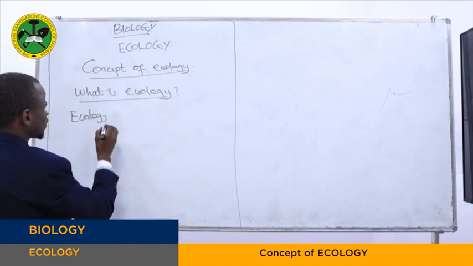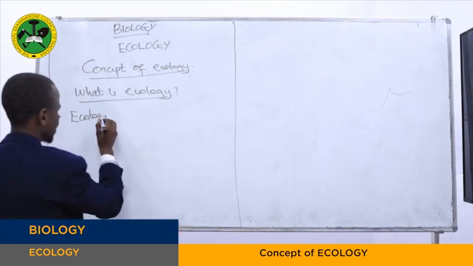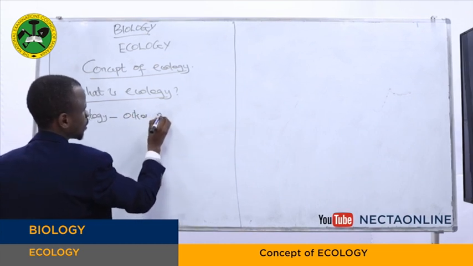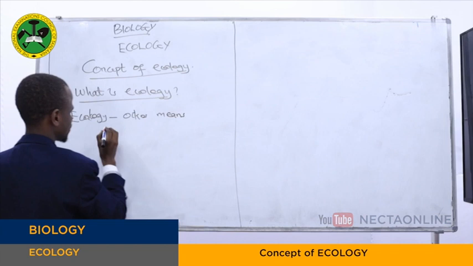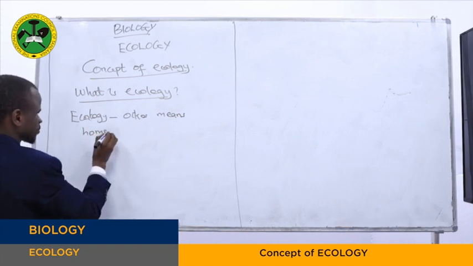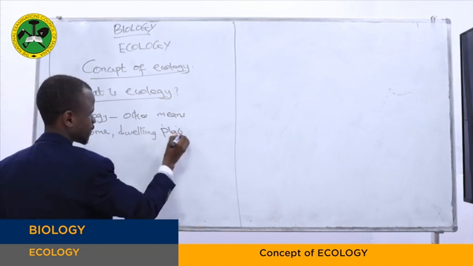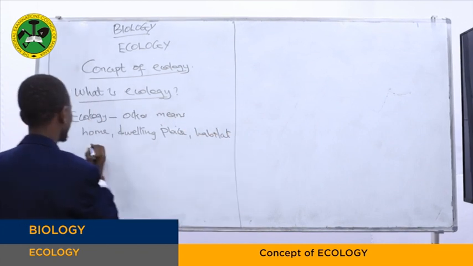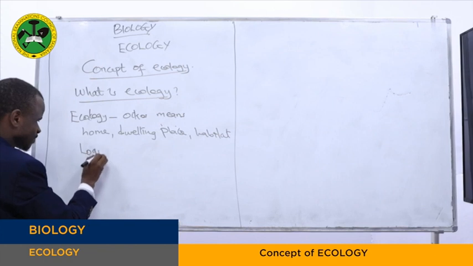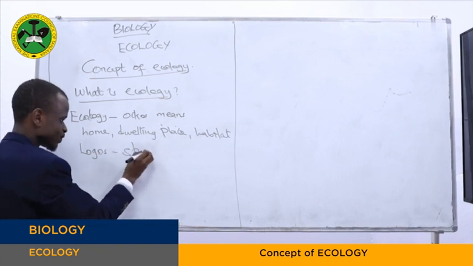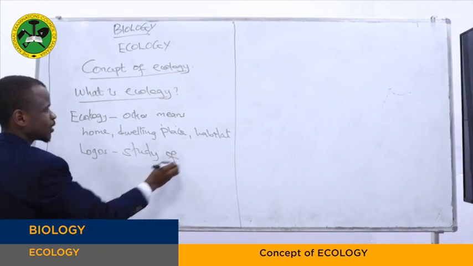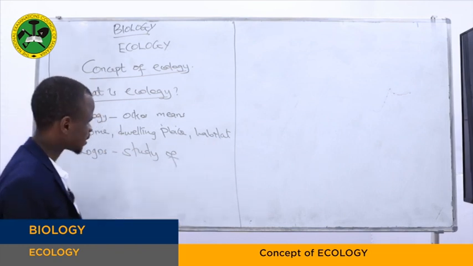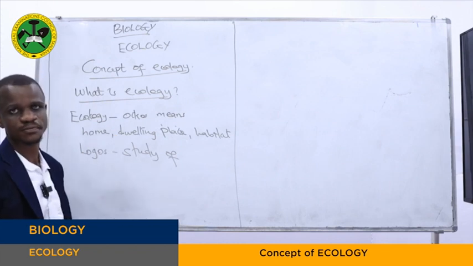The word ecology has two words. One is oikos, which means home, the dwelling place, habitat, etc. And also the word logos, which means study. Therefore, in ecology, we study homes, habitats, and dwelling places.